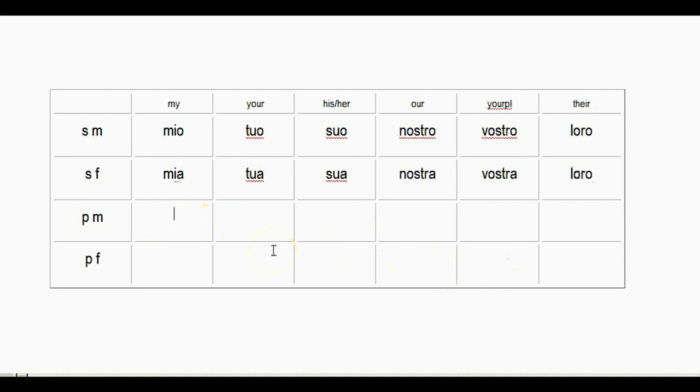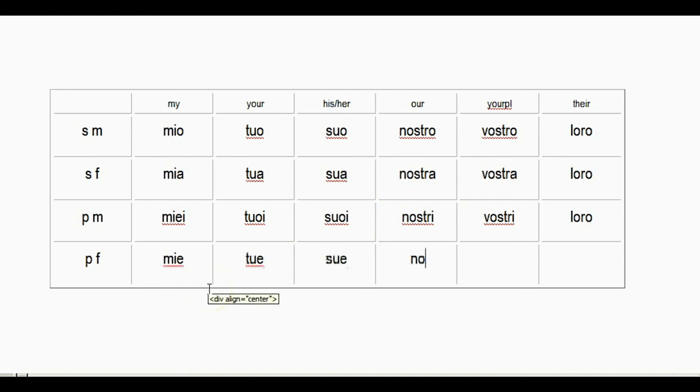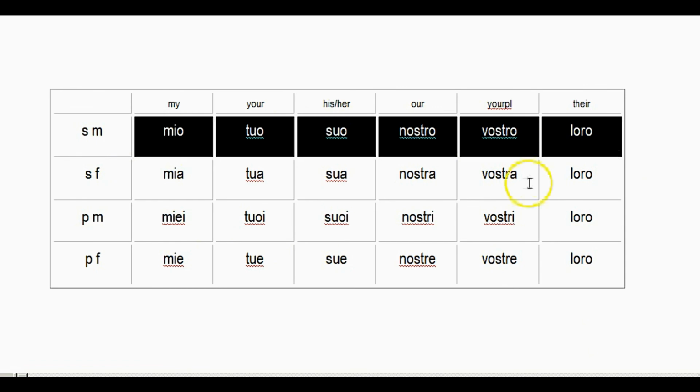Plurale, maschile, miei, tuoi, suoi, nostri, vostri, loro. Plurale femminile, mie, tue, sue, nostre, vostre, loro. Again, the two different ways you can memorize the table.